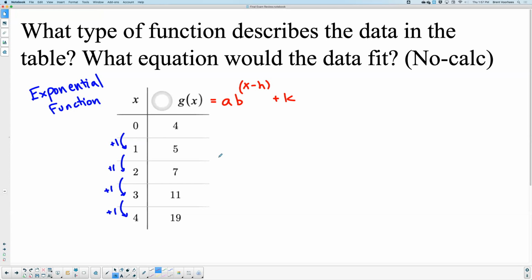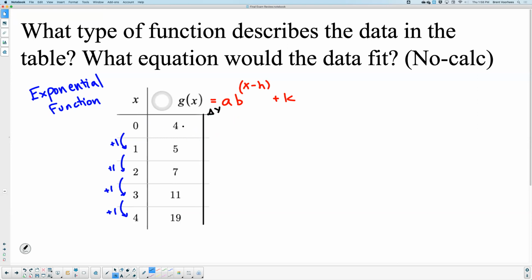Okay, let's start solving. Let's get our base first. We don't know what our base is yet. Is it easy to tell what we're multiplying by? No. I can tell it's changing a lot, so it must be multiplying. What I'm going to do is create a new table, and I'm just going to call it change of y, so that when I do the x, it'll look the same on each problem.